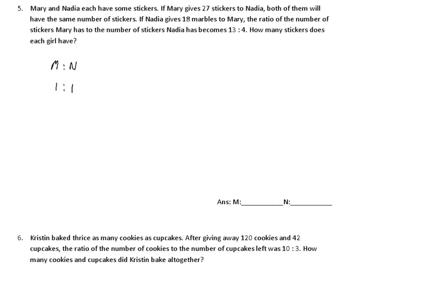So if Nadia gives 18 stickers to Mary, the ratio of the number of stickers Mary has to Nadia becomes 13:4. So Mary is to Nadia 13:4. So this is the second if. This is the first if.